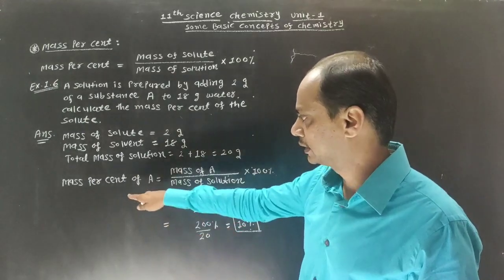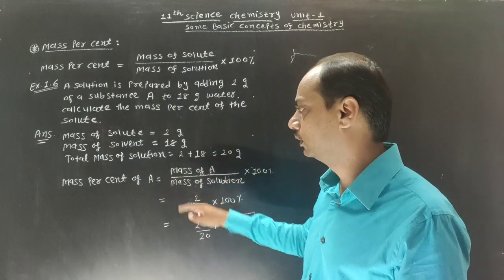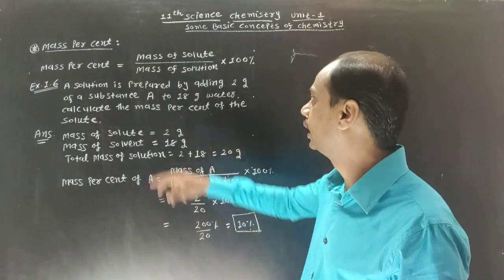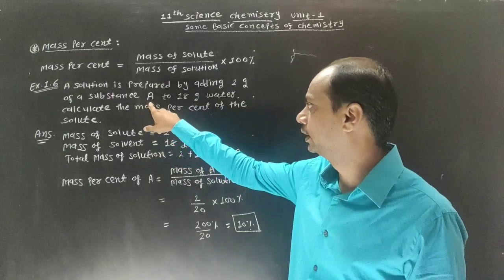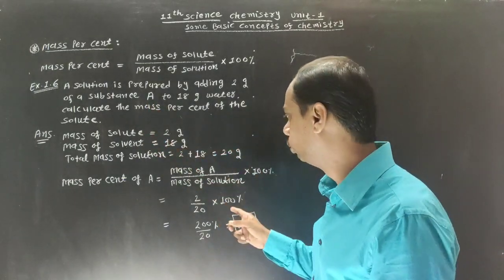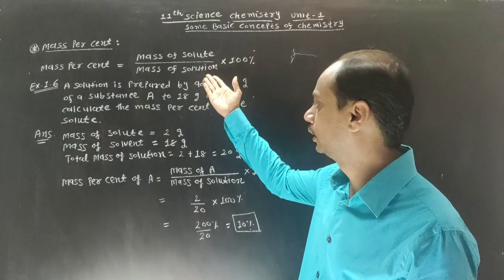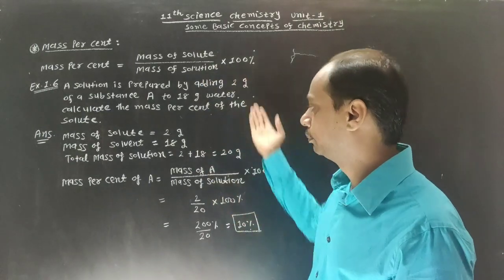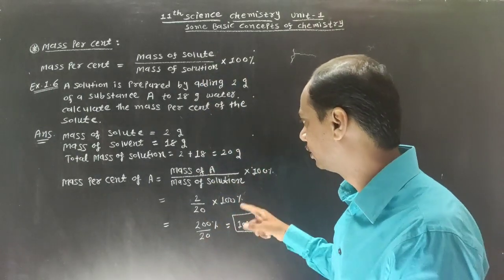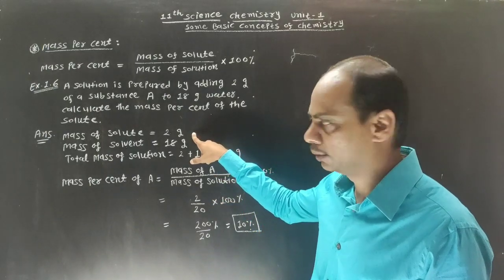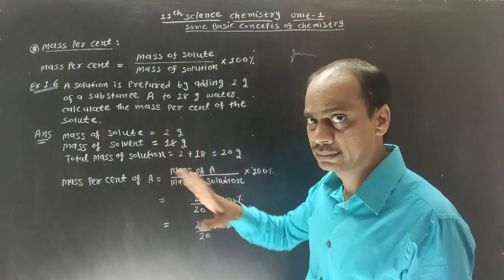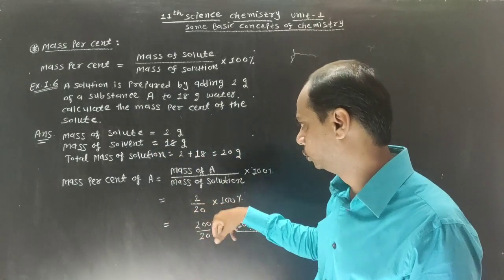Now mass percent of A is equal to, what is the formula? Mass of solute, mass of A, because we have to find it for A, over mass of solution, into 100%. Then mass of A, the mass of solute, is 2 gram.